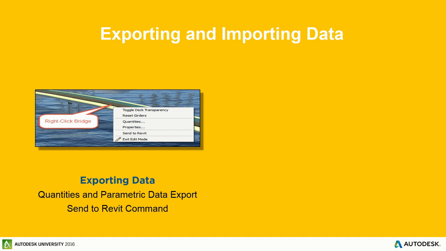And what ends up happening is the software will automatically open up Revit and take all the information and display the data to you in Revit. Now, when we talk about the data, you can go ahead and right-click and do things like quantities and properties to get a better understanding of what data is being exported. And we'll look at this as well when we get into the software.